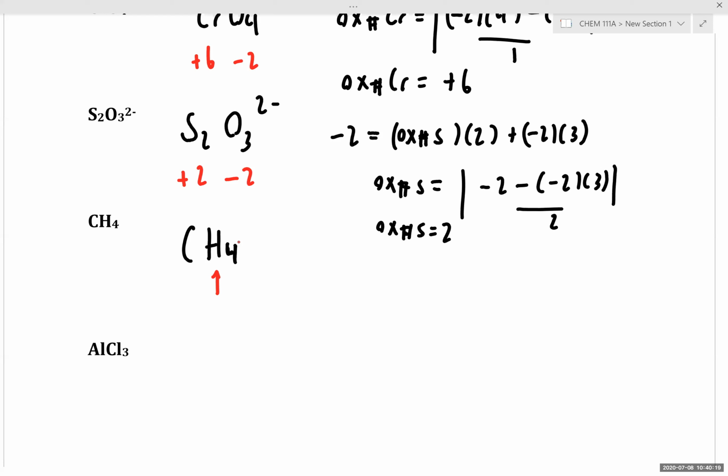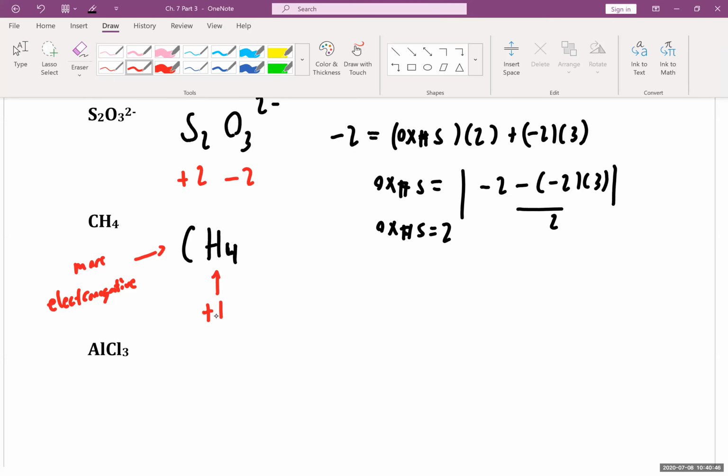Carbon, yep. So carbon is more electronegative, and as a result, it will adopt a negative oxidation number, and so hydrogen will adopt a positive oxidation number, because hydrogen is less electronegative than carbon.